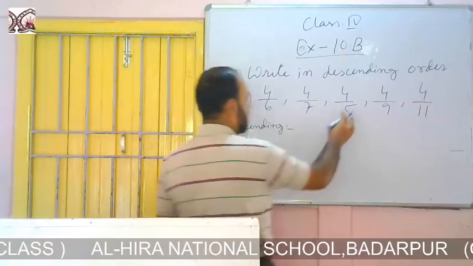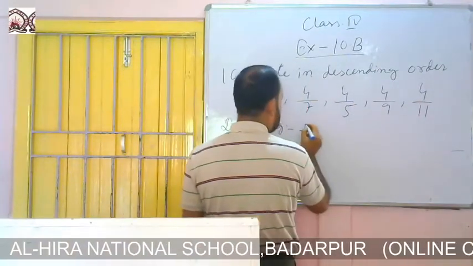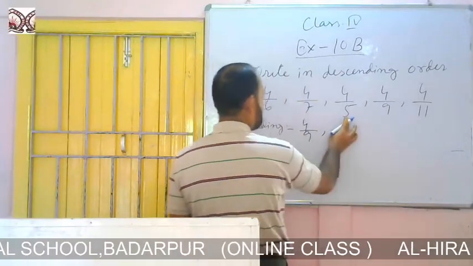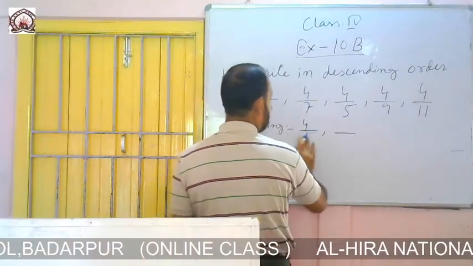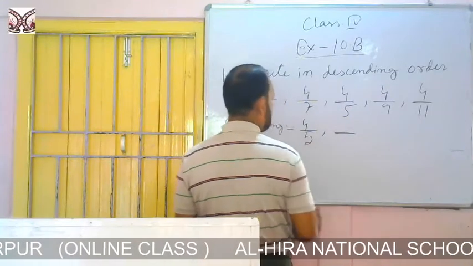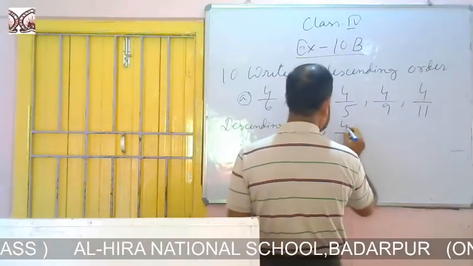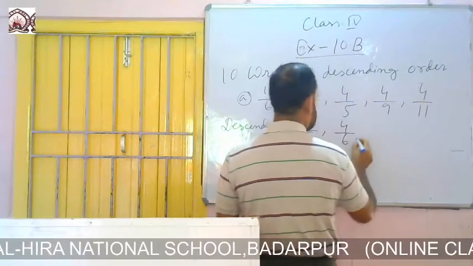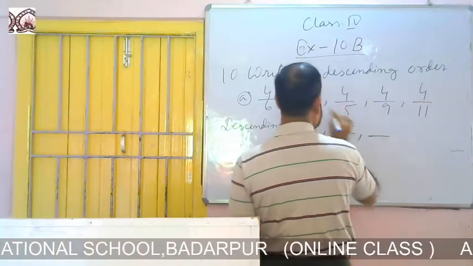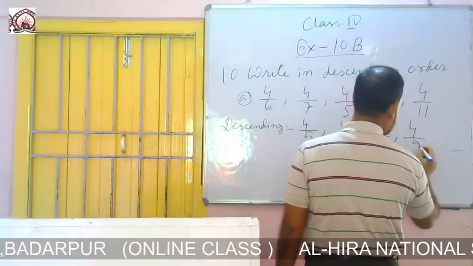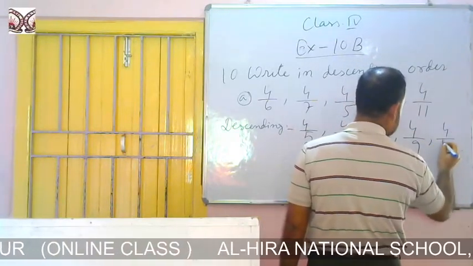So first 4 by 5, which is the greatest fraction. Next 4 by 6, next 4 by 7, next 4 by 9, next 4 by 11.